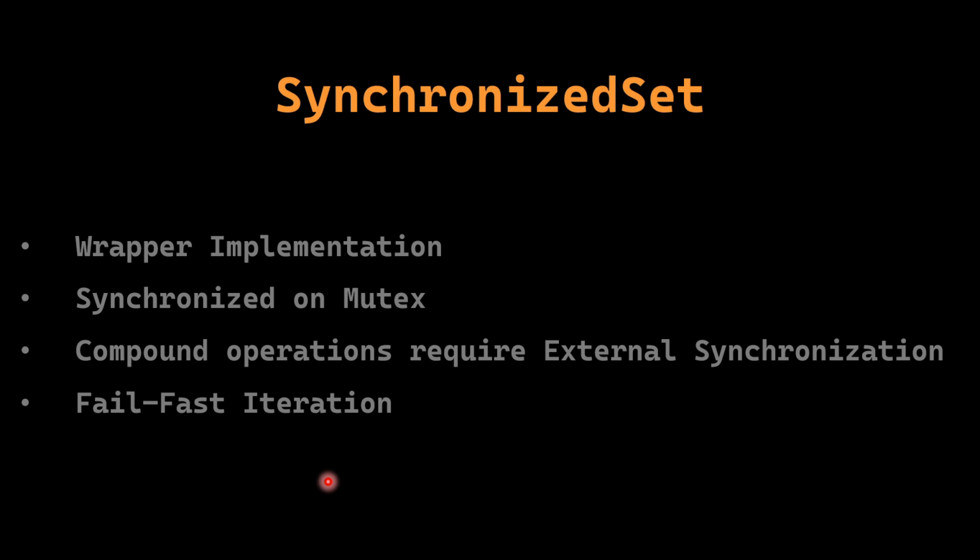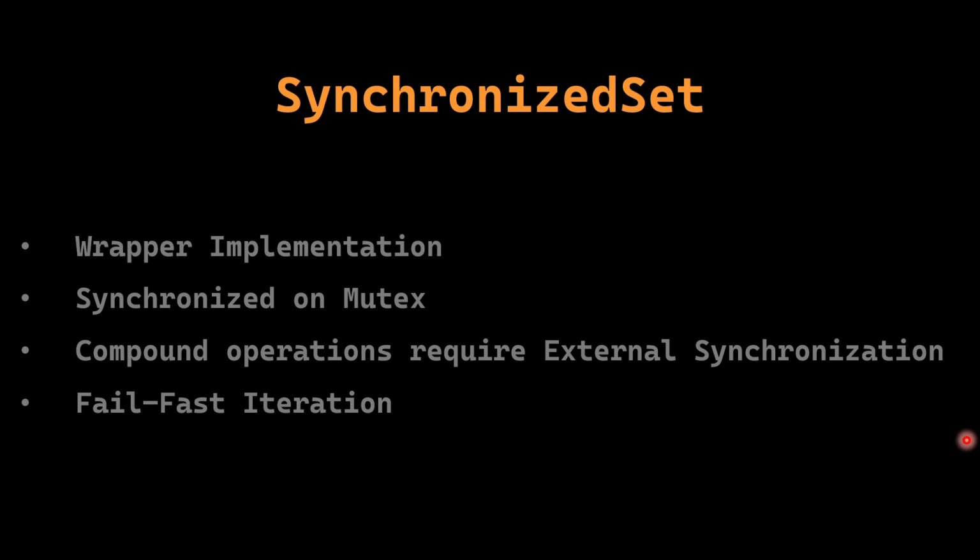The wrapper works by synchronizing every method call on a mutex object, providing thread safety at the method level while preserving the underlying set's characteristics. However, this thread safety comes with an important caveat.